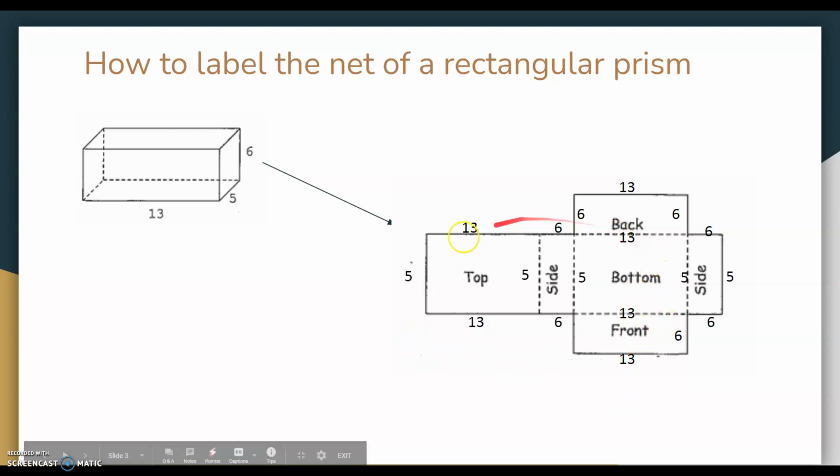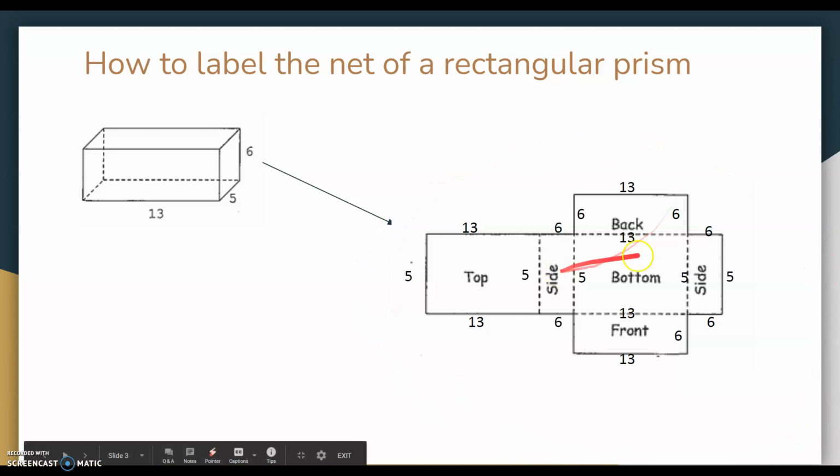Okay, so we could find the surface area by using the net, because we know that area of rectangles, since these are all rectangles, that's why it's called a rectangular prism. We know that the area of the rectangle is length times width, so we could take 13 times 5, get the bottom and the top's area, 13 times 6 to get the front and the back's area, and 5 by 6 to get the sides' areas, and then add them all together to get the total area.